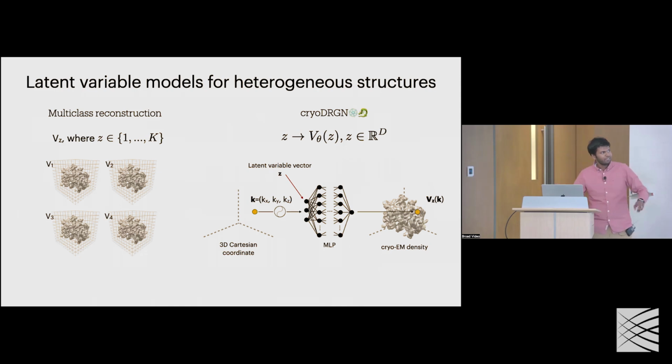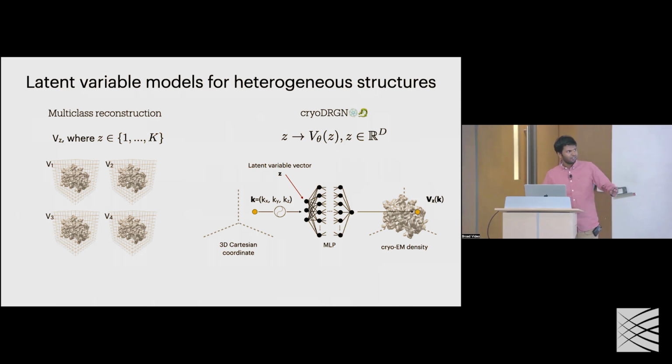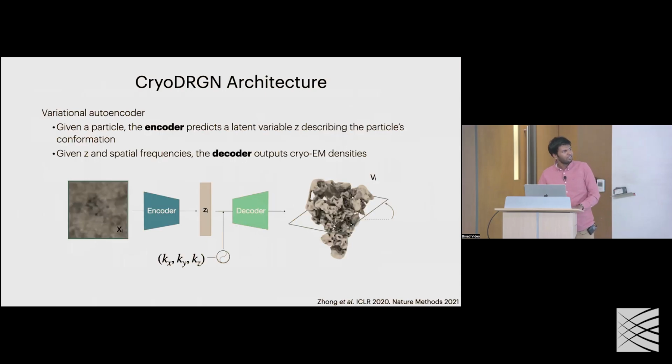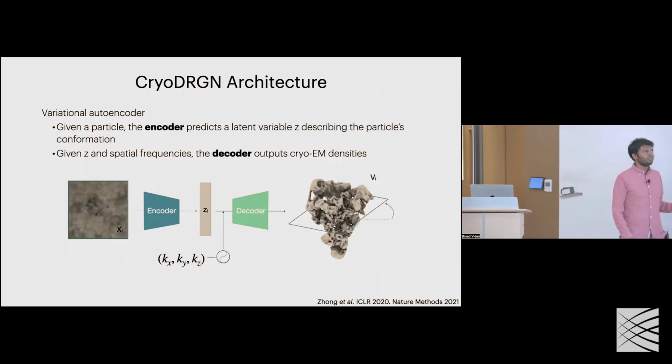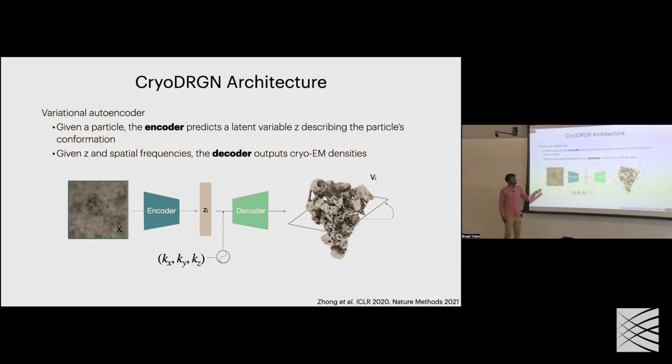grids. One remaining question is that I've been talking about this conformation latent Z, which represents the conformation of each particle. Where do we actually get that conformation from to feed into this neural field? We do that using a second neural network. And so this cryoDRGN tool for heterogeneous reconstruction, the full architecture is a variational autoencoder consisting of two main parts. The first is an encoder.